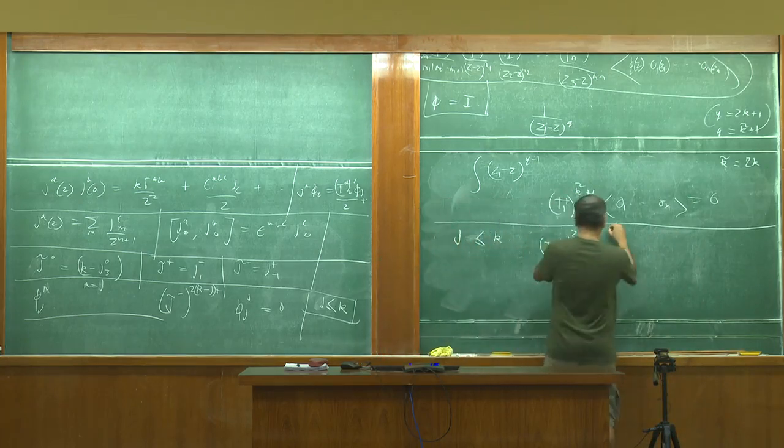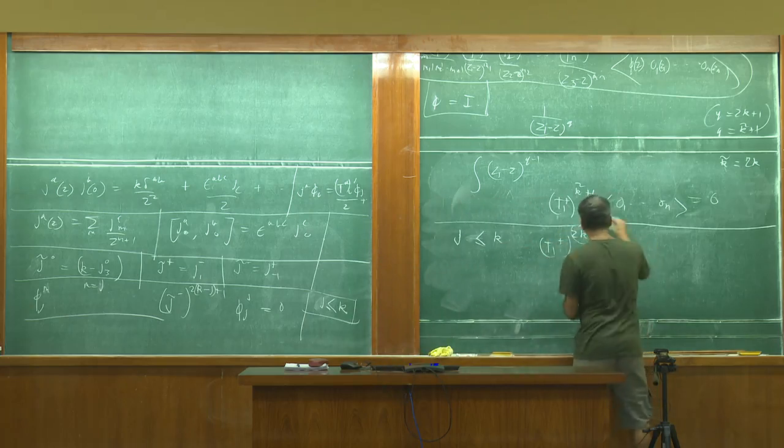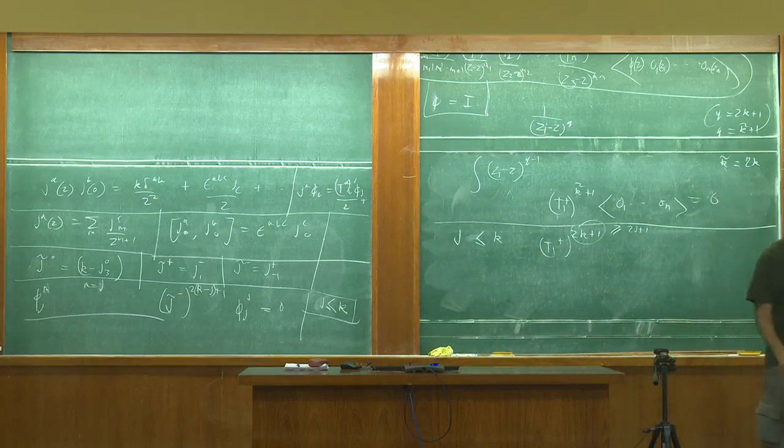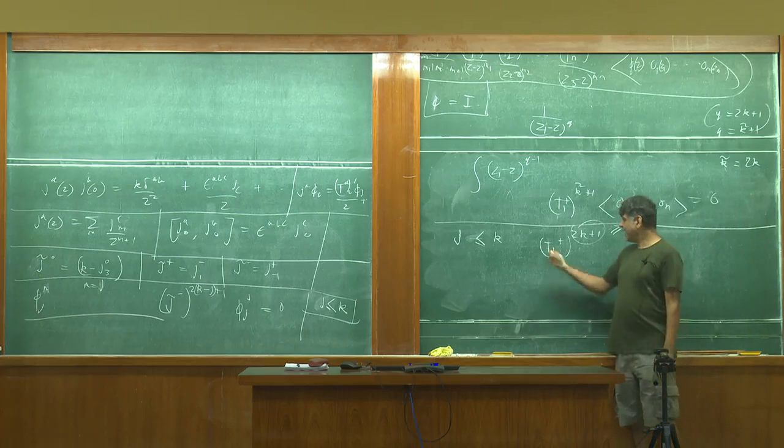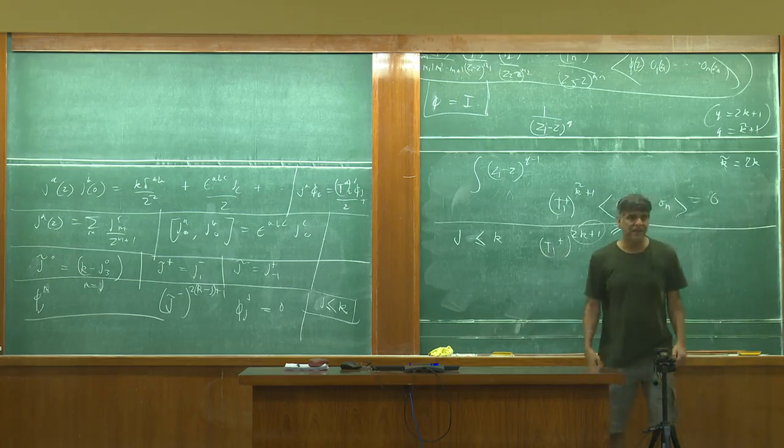This power is greater than or equal to 2j plus 1, because j is less than or equal to k, so 2j is less than or equal to 2k. Now, for every unitary representation, this is automatically 0.